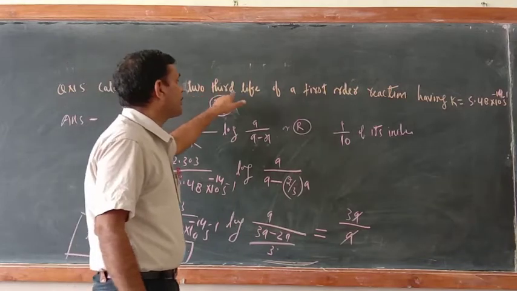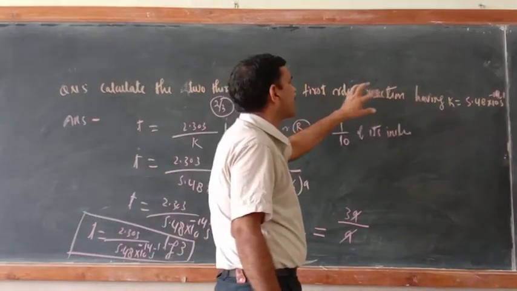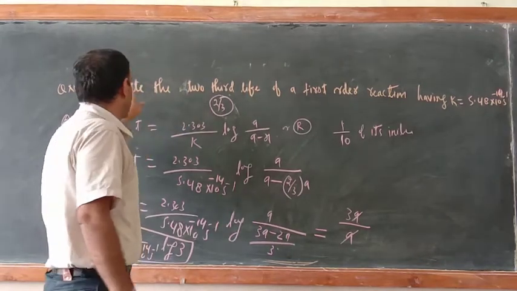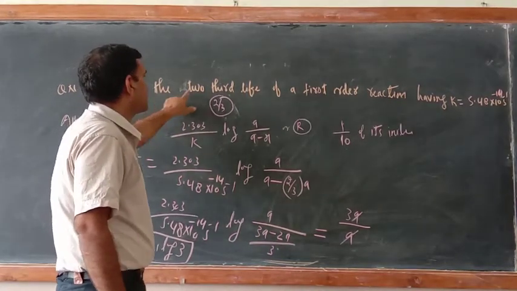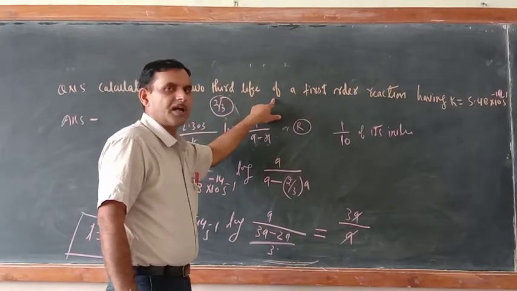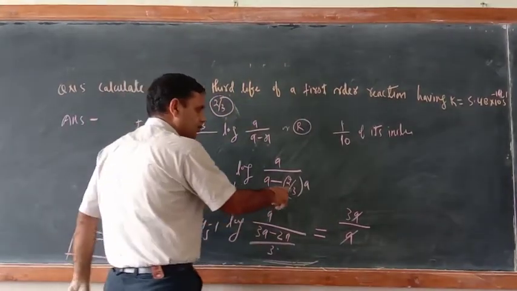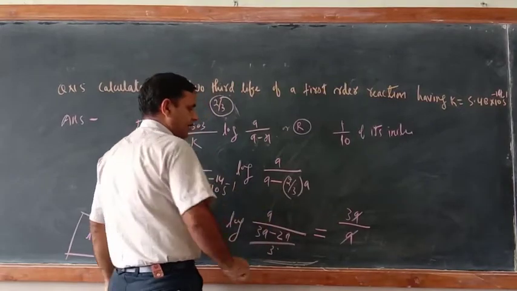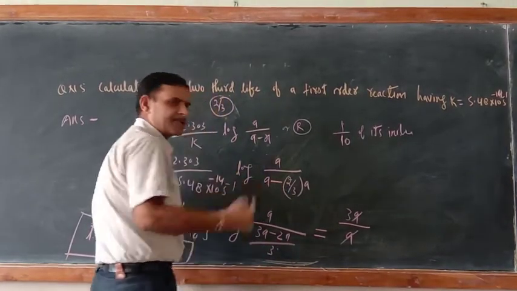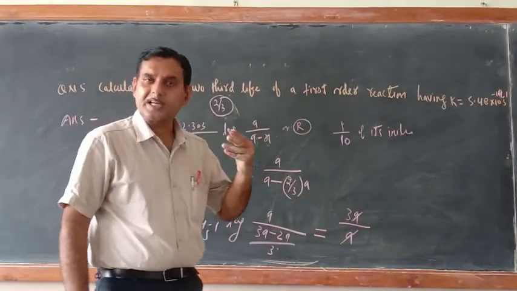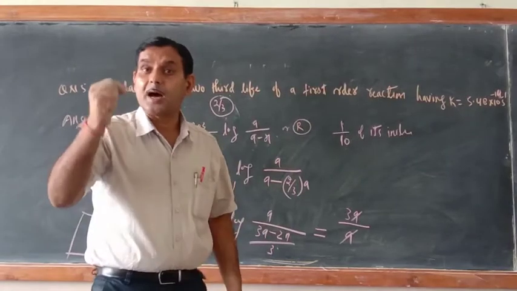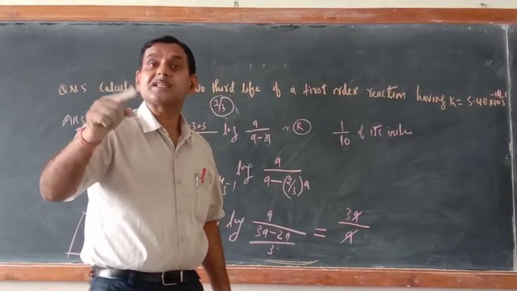Calculate the 2/3 life of a first order reaction. Initial concentration value they have not given. If they had written here, calculate the 2/3 life of its initial concentration, then I could not have solved this in this manner. So what is x here? The amount of reacting species disintegrated.